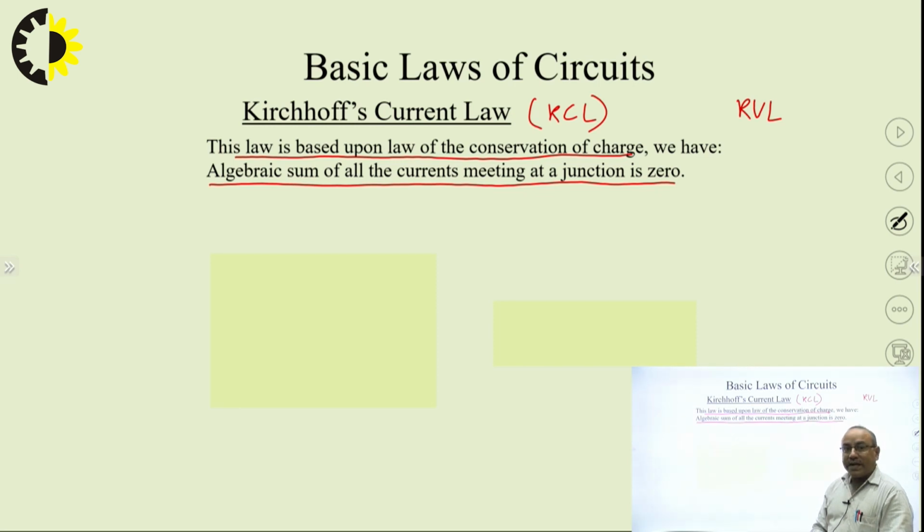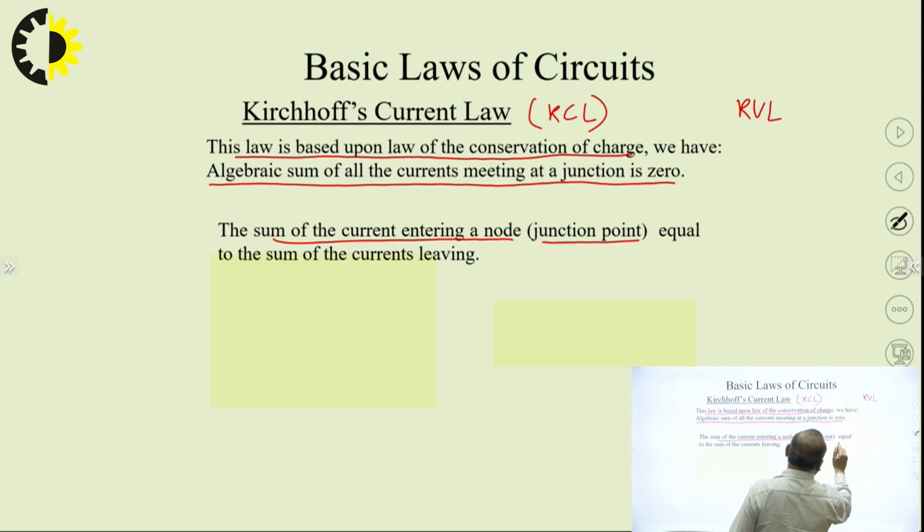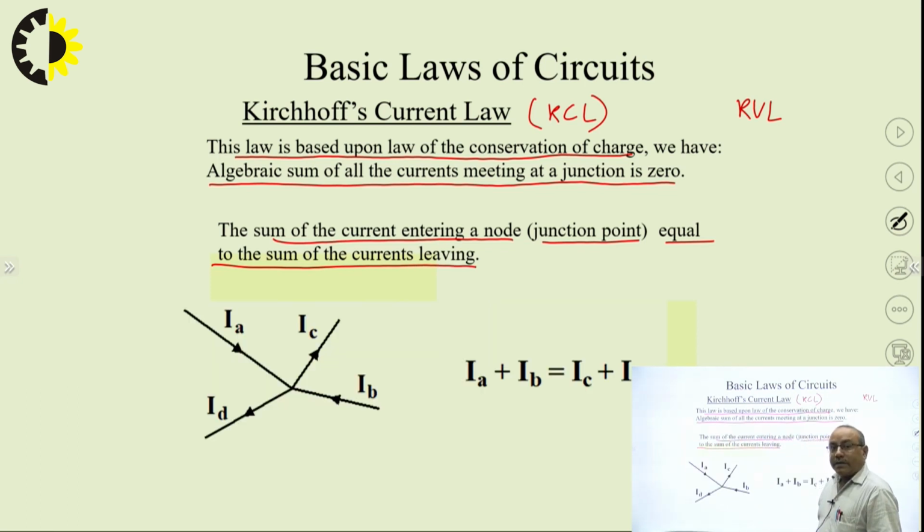If we elaborate further, the sum of the currents entering a node or junction point is equal to the sum of the currents leaving the node or junction point. Like this example, which elaborates all these things for Kirchhoff's current law.